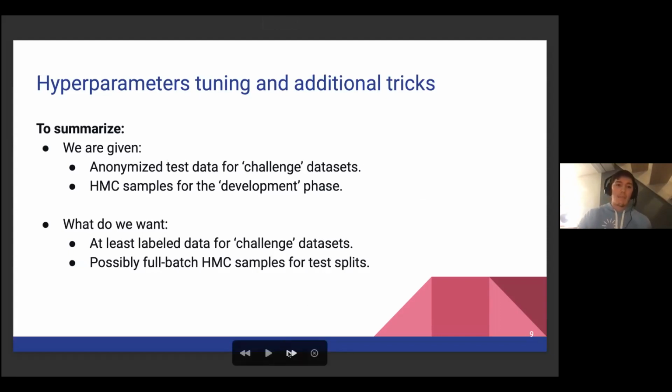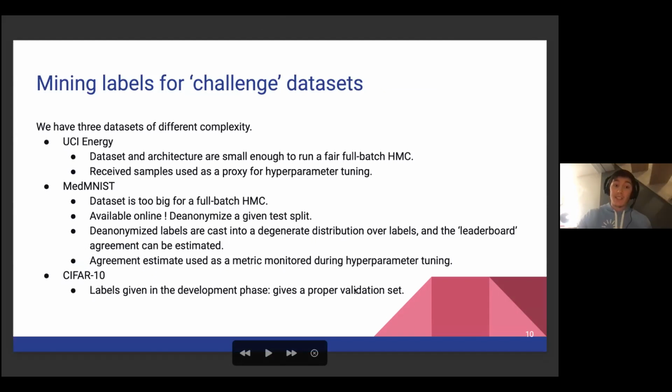We have three data sets. They have different complexity, both architecture-wise and data-wise. So let us start from the very simple data set. It's UCI Energy, a regression data set, and to receive a predictive distribution we are using just a multi-layer perceptron consisting of two linear layers, if I'm not mistaken.